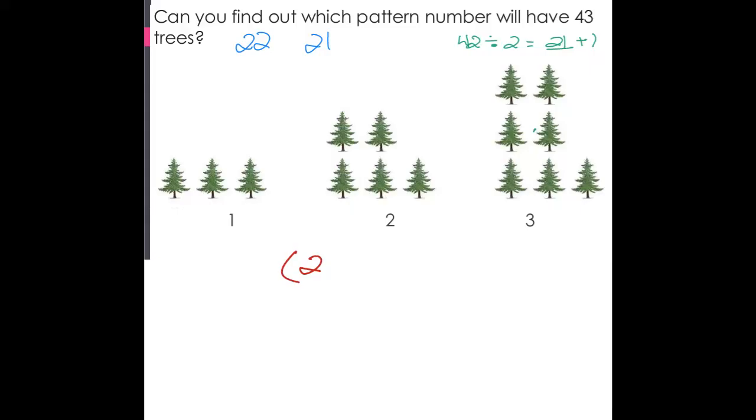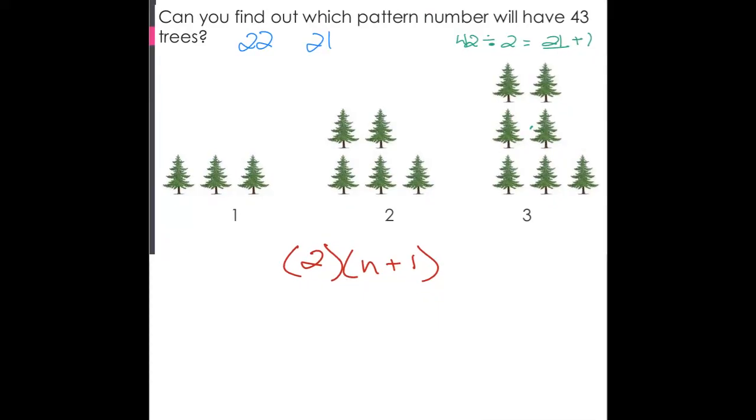Yeah. Okay. How did you get that? Because of the 2 on figure 1 in the other tree. Okay. It keeps multiplying. Okay, and it's always that plus 1 though, right?